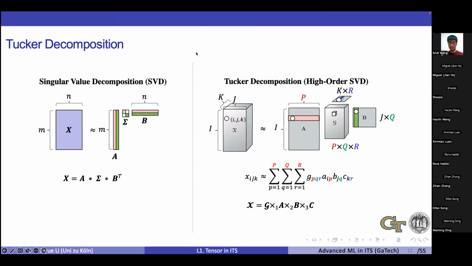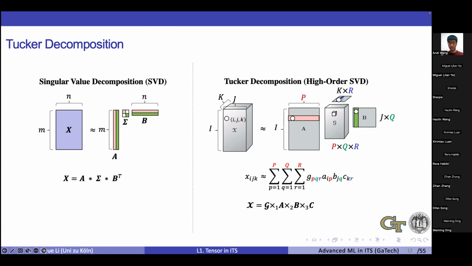And for the Tucker decomposition, I will make it faster. The Tucker decomposition is basically also the higher dimensional version of the SVD, the singular value decomposition, where we decompose matrix X into A and B, and also the sigma here. Sigma is more like a covariance matrix, something like that.